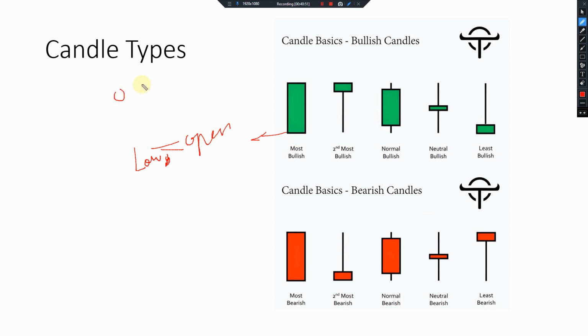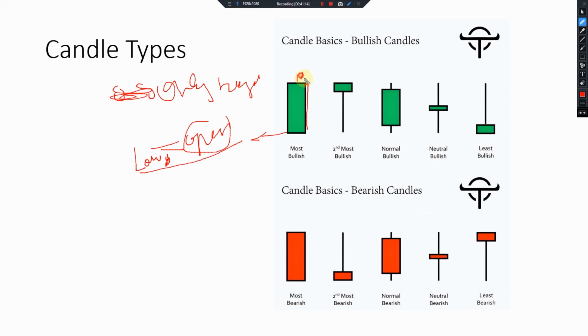There were no sellers, and only buyers. The price of the stock was at a low, which was the low of that particular period of time, and is also the open price. The price gave a huge move up, and it also didn't give any wick at the top.